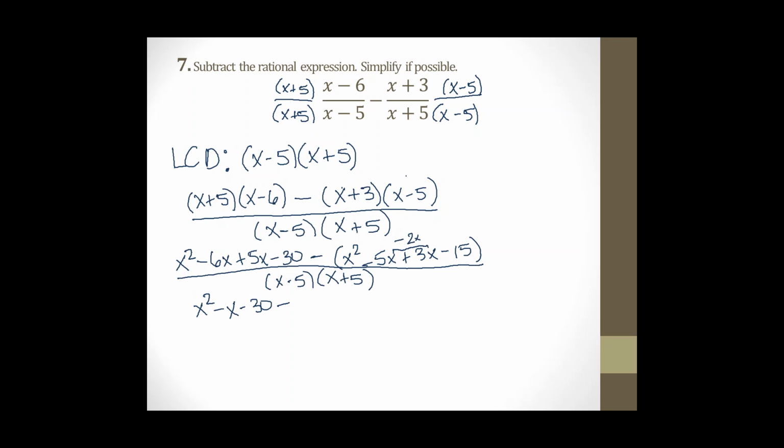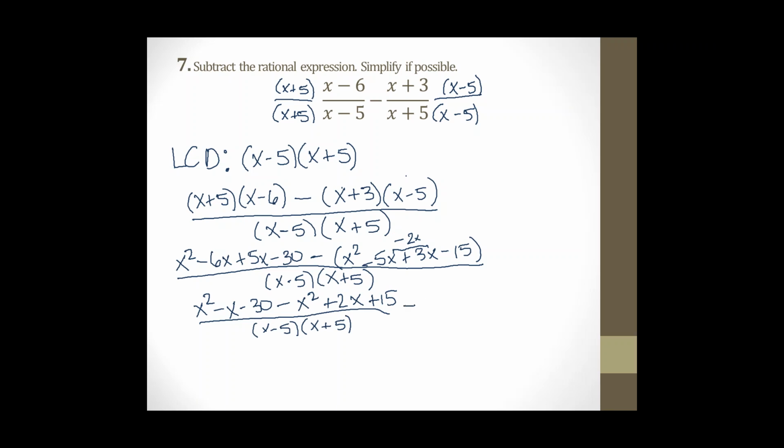So then when I distribute the negative, I'm going to have negative x squared. Negative times this negative will be positive 2x. And negative times this negative 15 is positive 15. All over x minus 5, x plus 5.